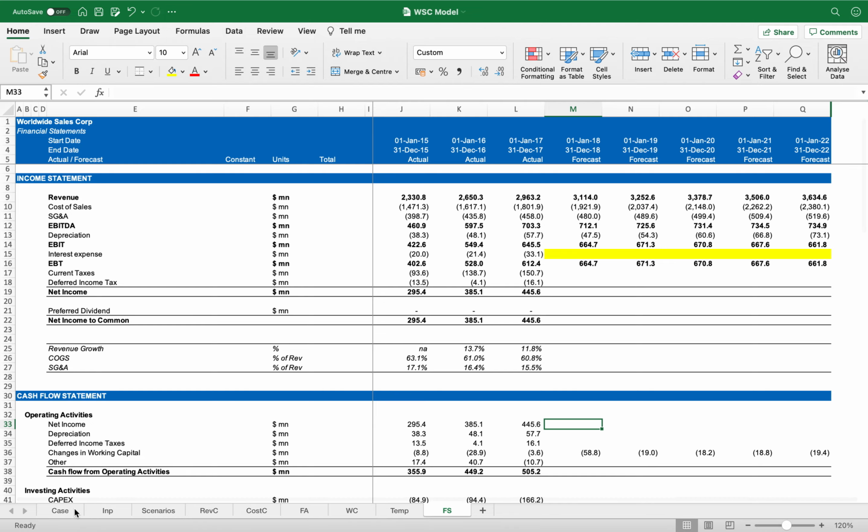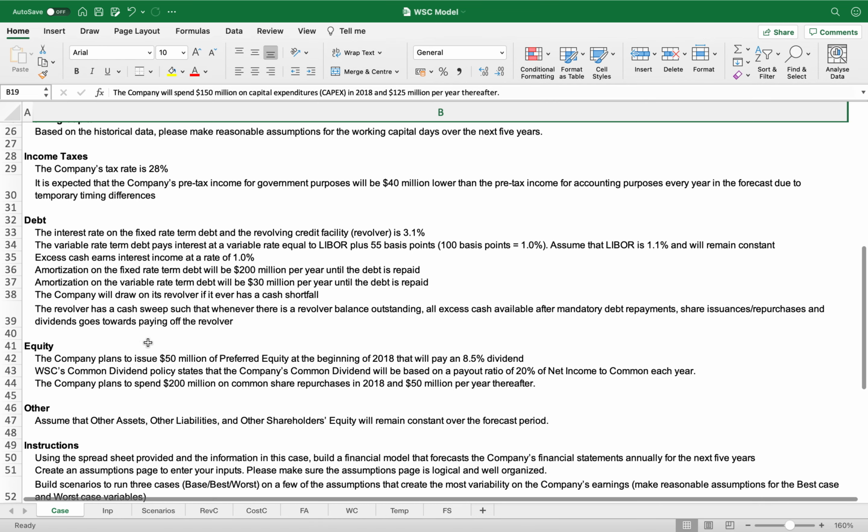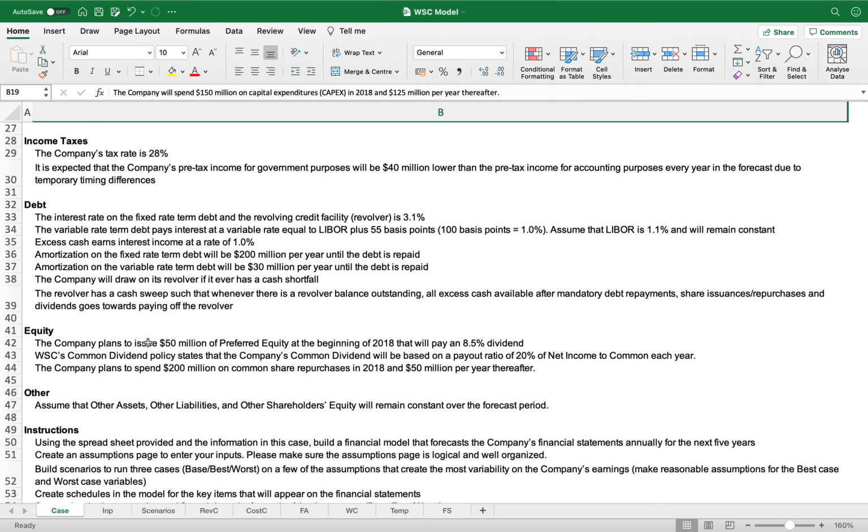Now let's go back to the case study again and see the next segment of income taxes. We are being told that the company's tax rate is 28%, and it is expected that the company's pre-tax income for government purposes will be $40 million lower than the pre-tax income for accounting purposes every year due to temporary timing difference, which means, now I don't know how many of you are aware or not, but there are certain items which you subtract to arrive at the net income for accounting purposes.